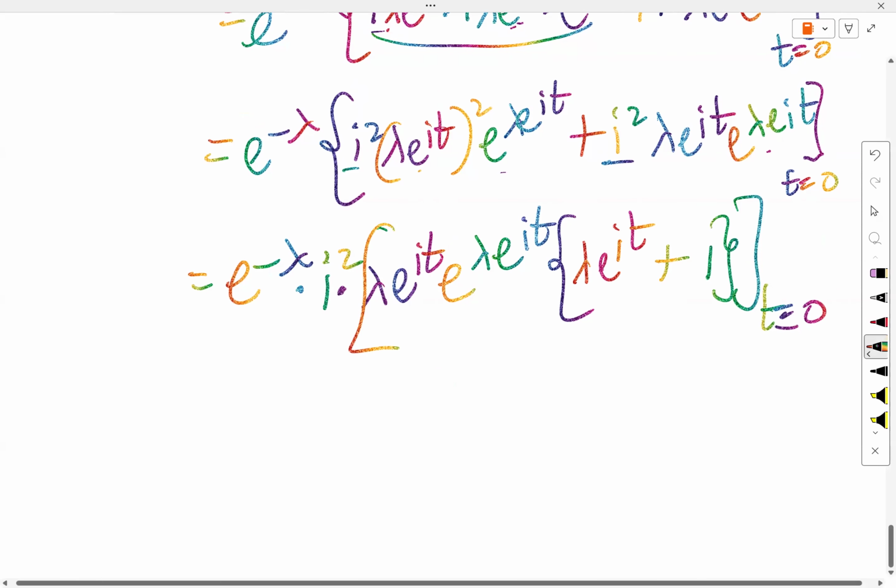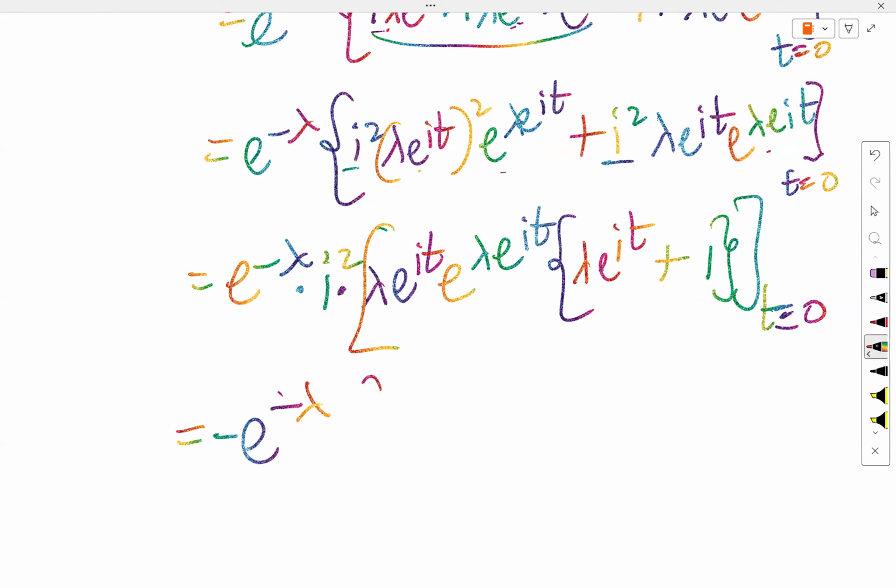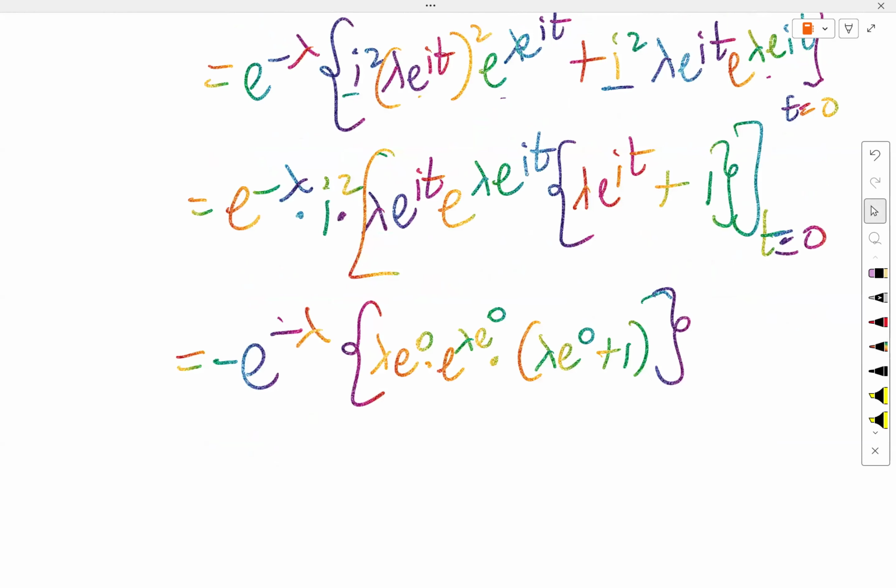You know, i squared is minus 1, right? So you have minus e raised power minus lambda into, so if you now put t into all this, if you put t here, so that you have lambda e raised power 0 times lambda e raised power 0, you know, then multiplied by, put 0, you have lambda e raised power 0 plus 1. And that way, you have taken care of the t.